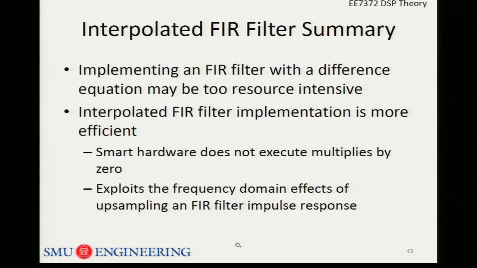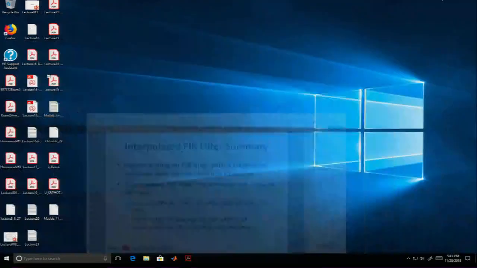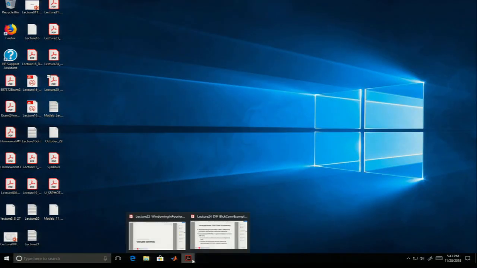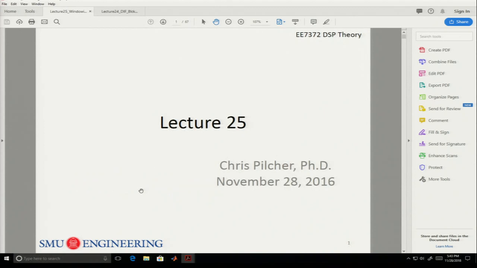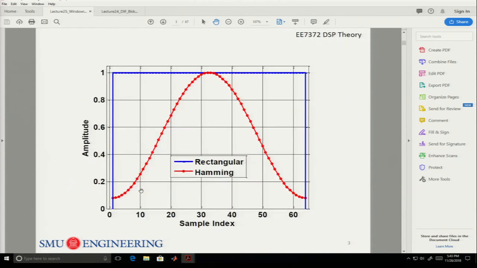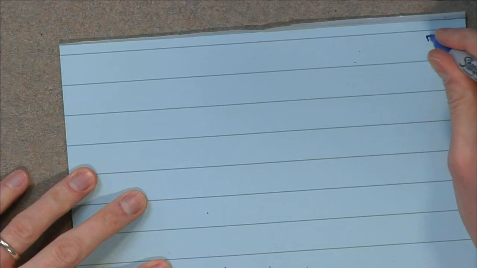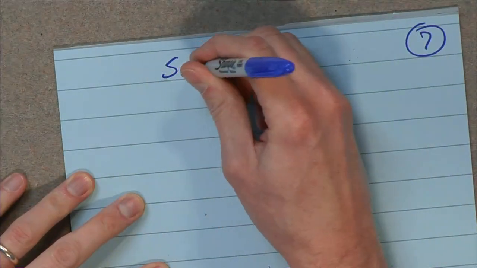When we were doing filter design originally, we talked about windows, and we were doing that in the context of an FIR filter design. But now we're going to do it in the context of side lobe control. So actually, let's just put that down as our first topic, and then we'll go to the slides.